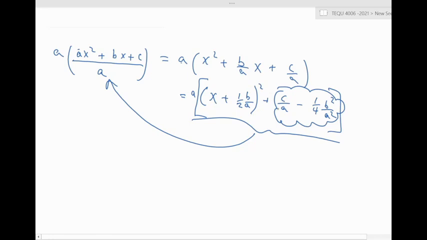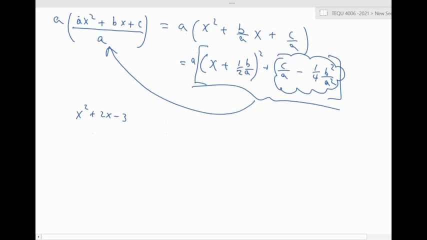All right, let's do that. Let's do an example. Actually, let's do the example that I opened with. x squared plus 2x minus 3. And we want to complete the square for this function. Now check what we have here. It's a 1. That's not a big deal, right?